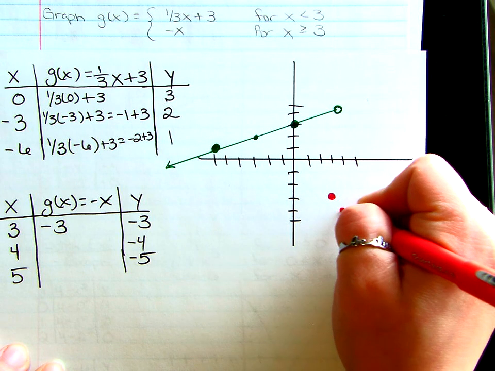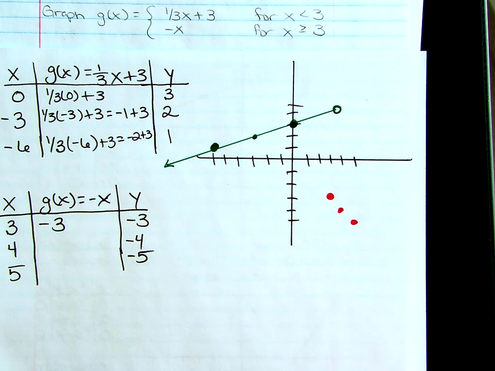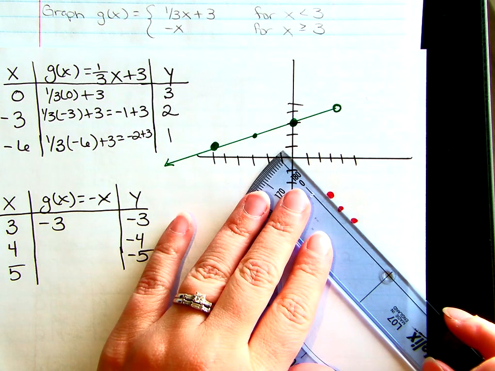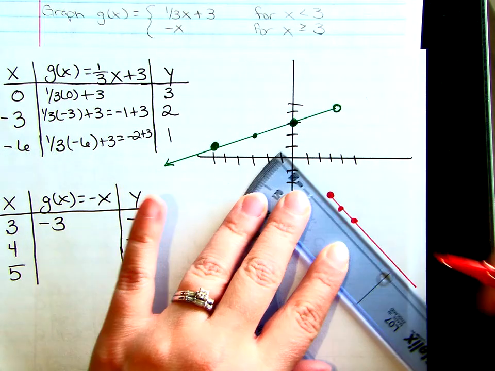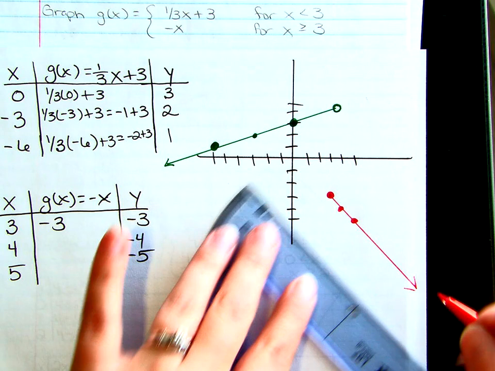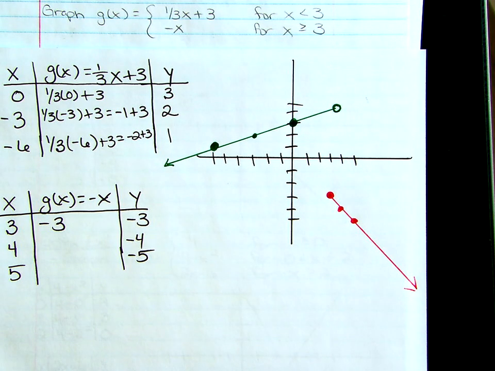Again, I have another linear function. And this is a piecewise function. It does the green equation until you hit 3, and then it's going to jump down, and it's going to do the red equation until you go on for infinity.